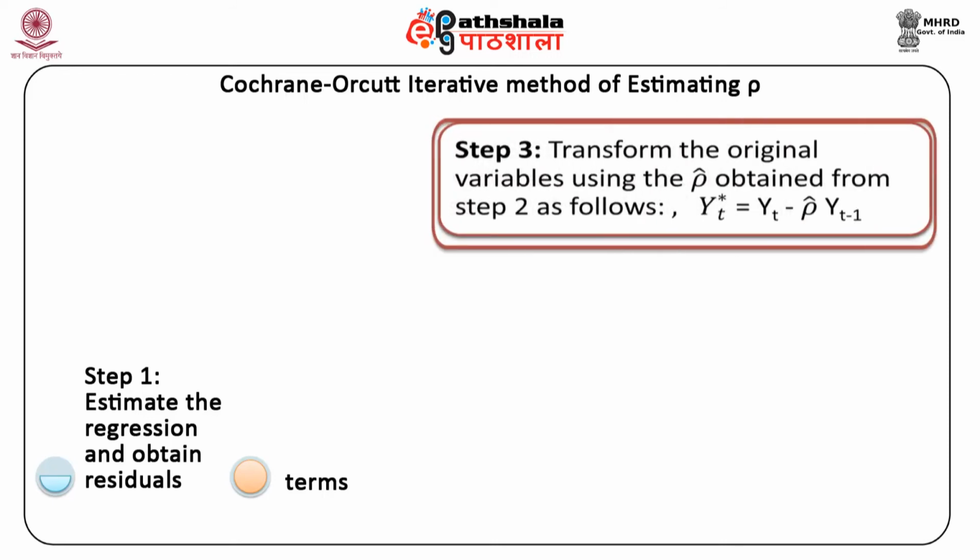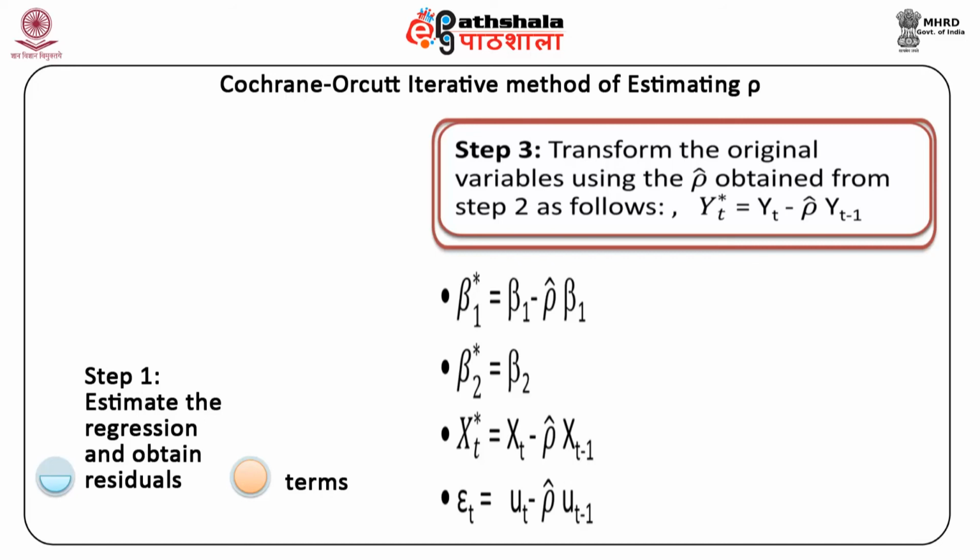Now the third step is to transform the original variables using the rho hat obtained from step 2 as follows. We have yt star equal to yt minus rho hat yt minus 1. Similarly, beta 1 star is equal to beta 1 minus rho hat beta 1. Beta 2 star is equal to beta 2, and xt star is equal to xt minus rho hat times xt minus 1.